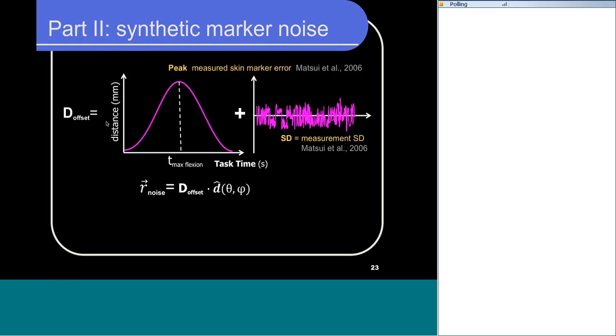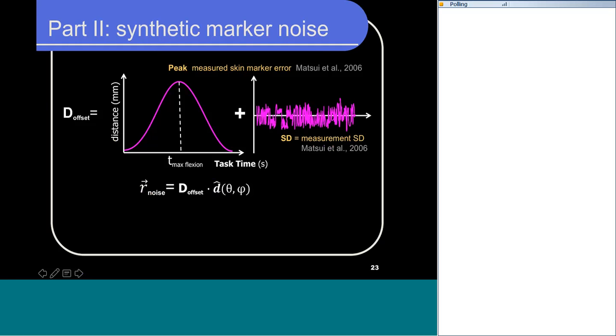And then we're going to add the noise as a 3D vector to our position of the marker. We do this by selecting a unit vector at random, in polar coordinates, by computing the angles at random. So we randomly select theta and phi. That gives us a unit vector in space, and then we just multiply by the offset.